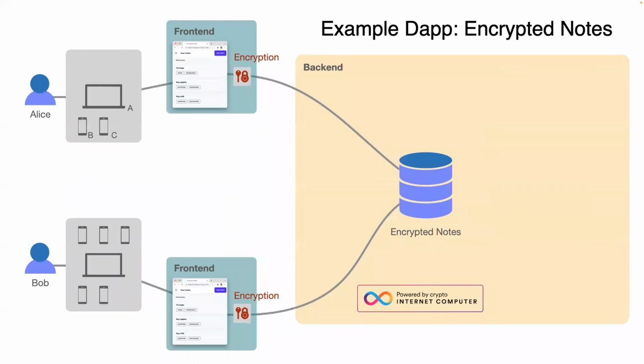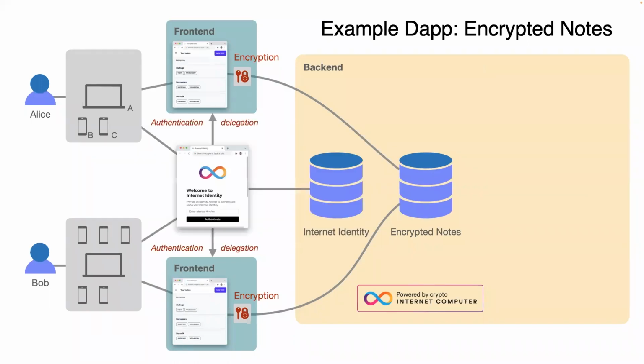So first, to authenticate the users, we decided to use the Internet Identity Canister, which is an existing external service from the perspective of the architecture of our encrypted nodes Dapp. The Internet Identity Canister allows us to authenticate the users, but then what is the information that we actually store in our encrypted nodes canister?